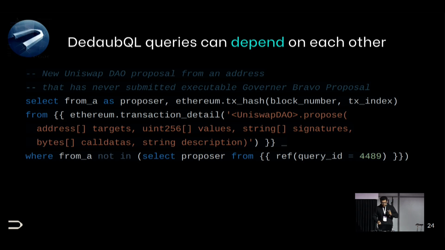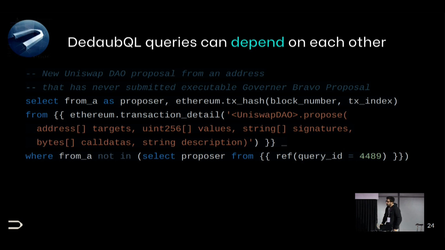Okay, so in this case, let's say I want a query which finds me new Uniswap DAO proposals, but I only want to be alerted if that proposer has never issued a proposal on any other DAO that follows the same API. In this case, the governance Bravo. Okay?